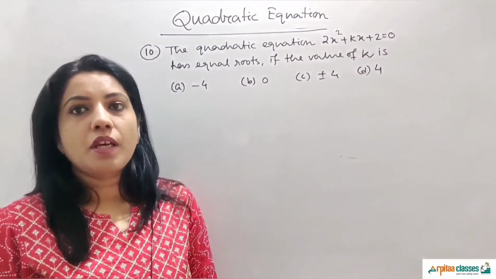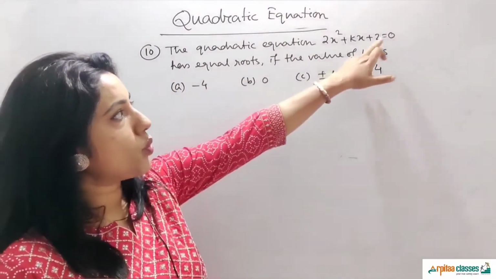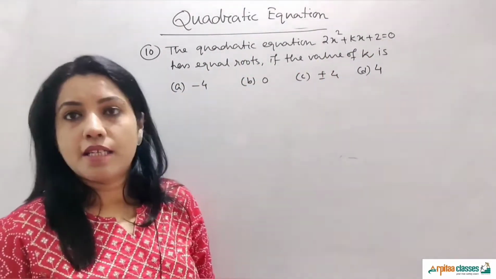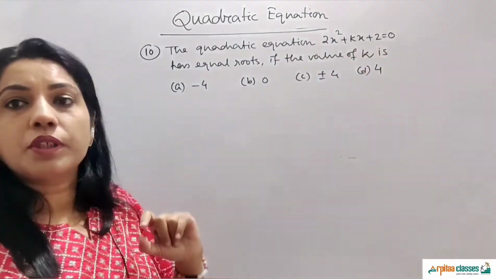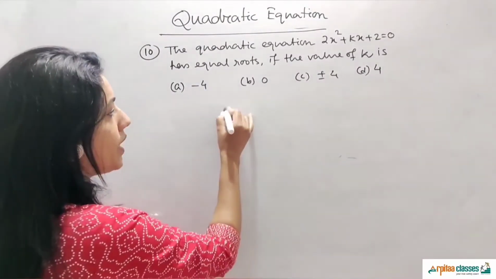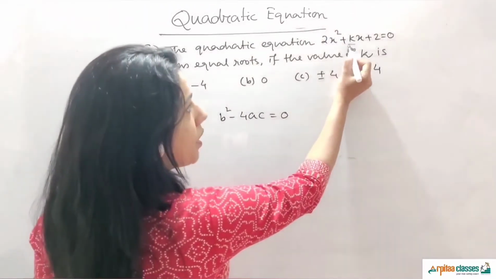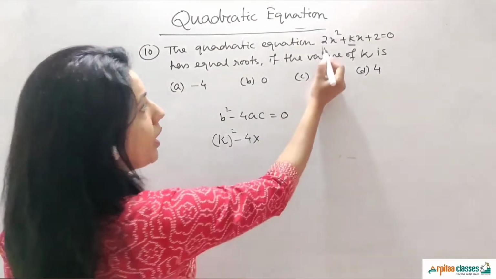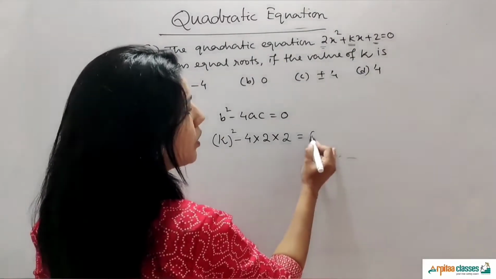Let's solve the next MCQ. The quadratic equation 2x square plus kx plus 2 equal to 0 has equal roots if the value of k is. So they are saying that this equation has equal roots. So let us put the criteria for equal roots, and that is b square minus 4ac should be equal to 0. So the b from this equation is k. So it's k square minus 4 into a, which is 2, into c, that's again 2, equal to 0.